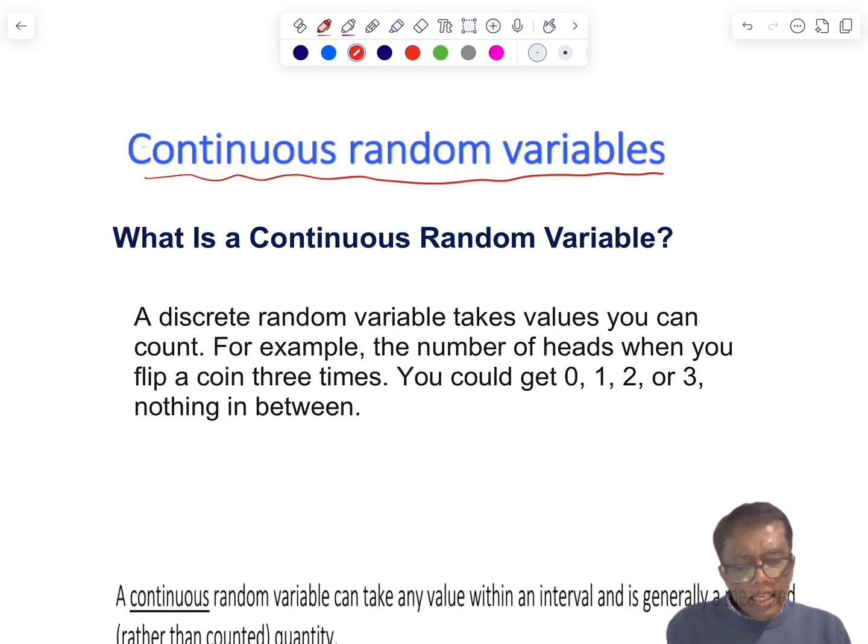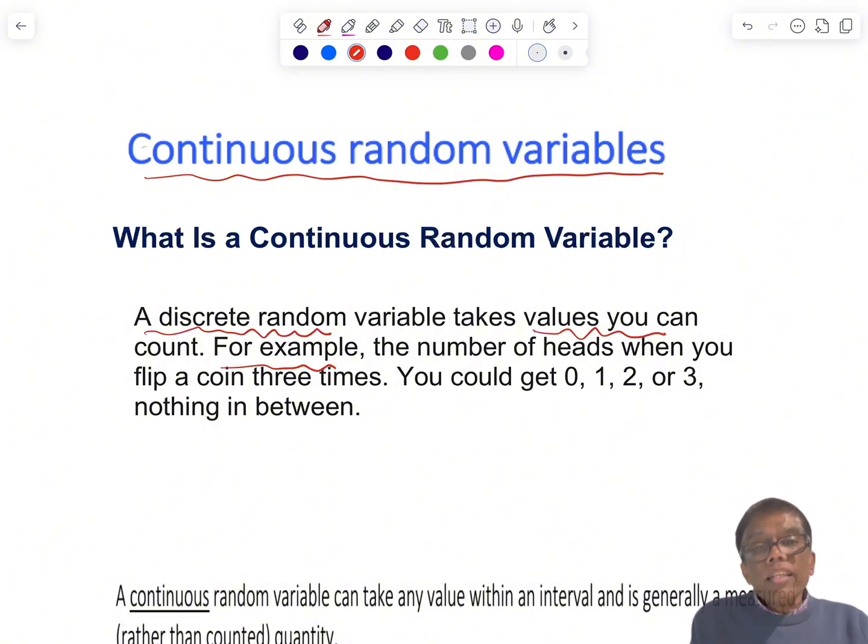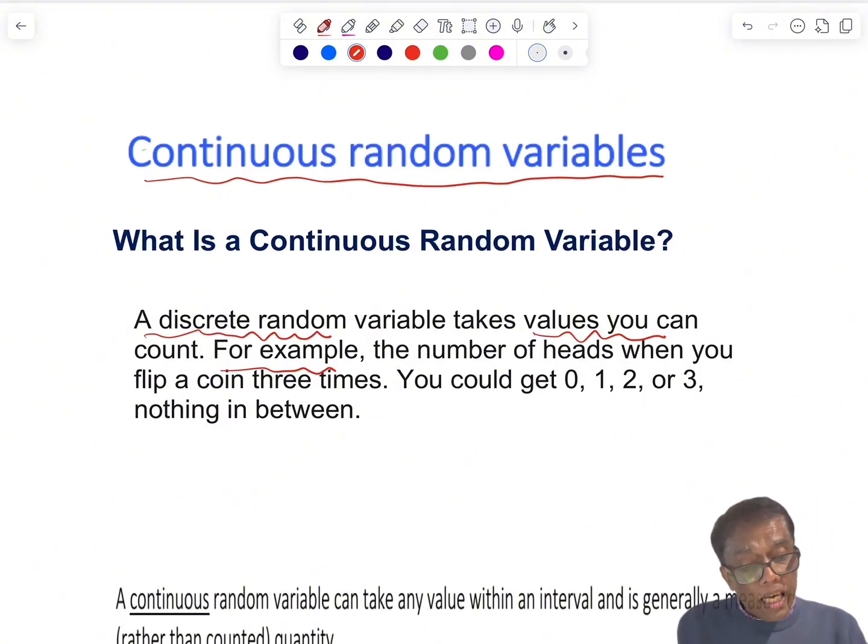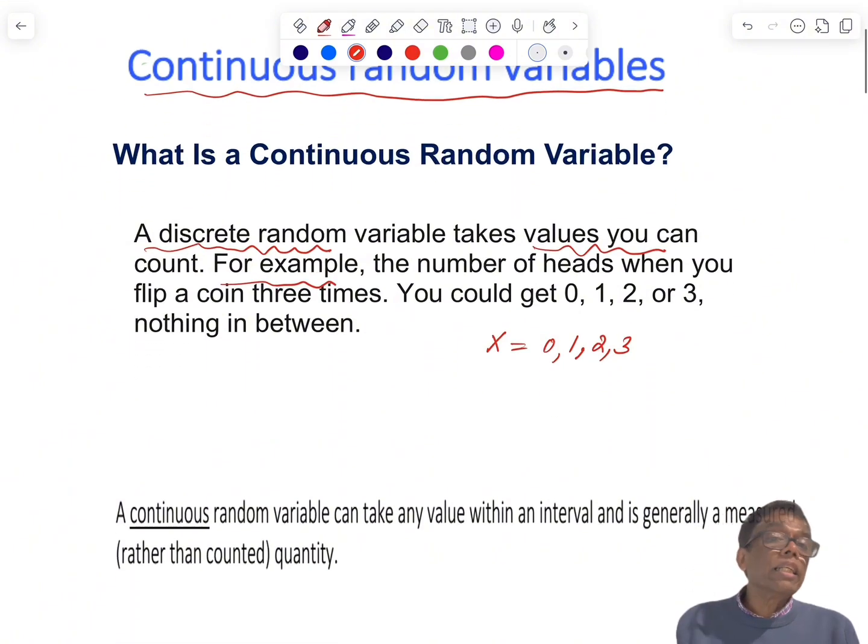A discrete random variable takes values you can count. For example, if I toss a coin 3 times and we define the random variable as the number of heads, capital X, X can be either 0, 1, 2 or 3, but nothing in between.